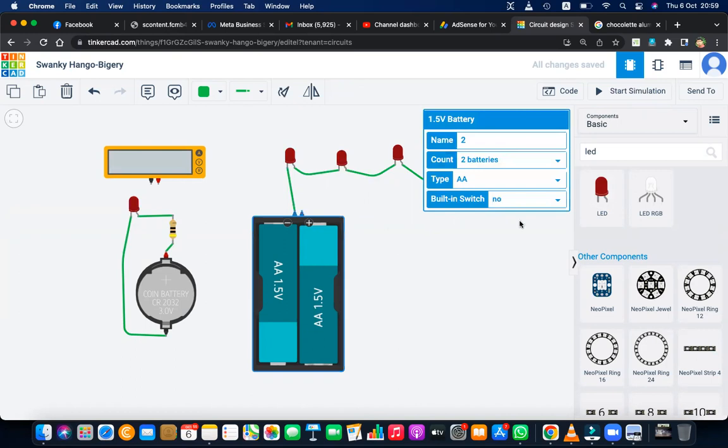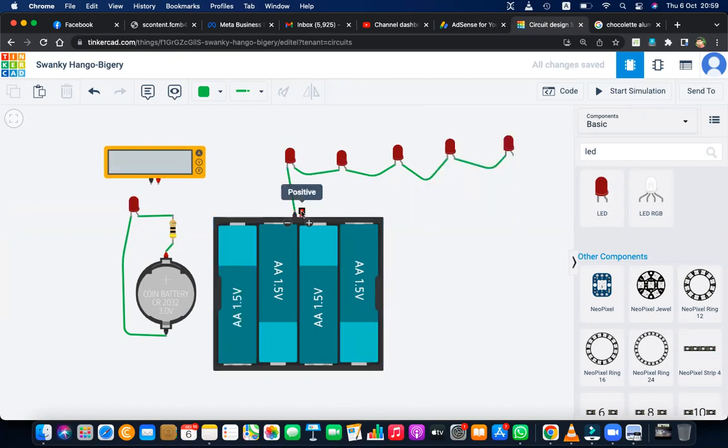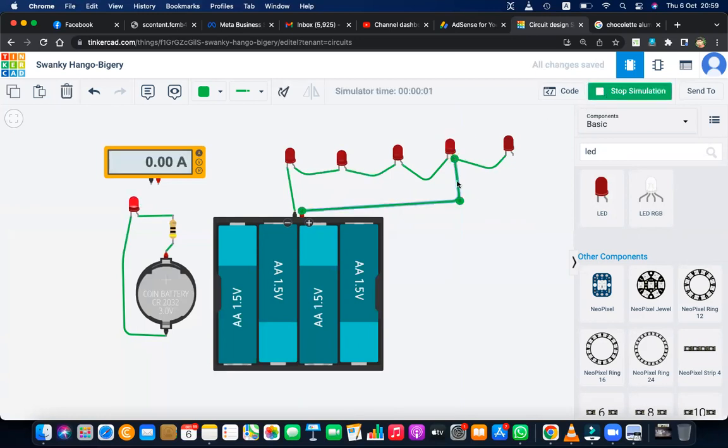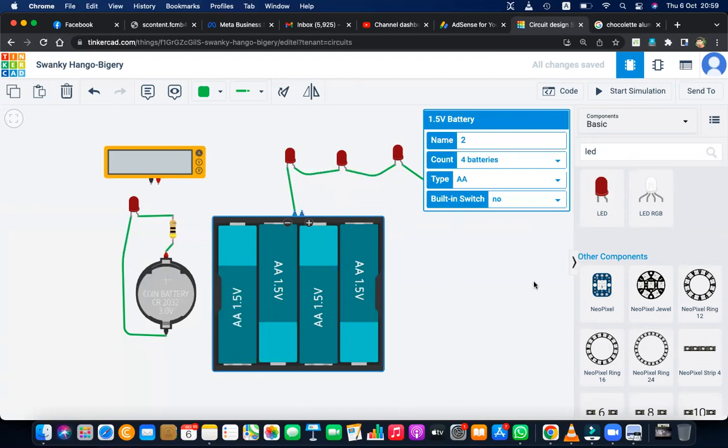So let's increase the number of batteries. 4 batteries, 3 bulbs. Can you light up 3 bulbs with 4 batteries? Okay, enough. So what about 4 bulbs? I think it's not enough. We need more powerful batteries. It only supports 4 batteries.